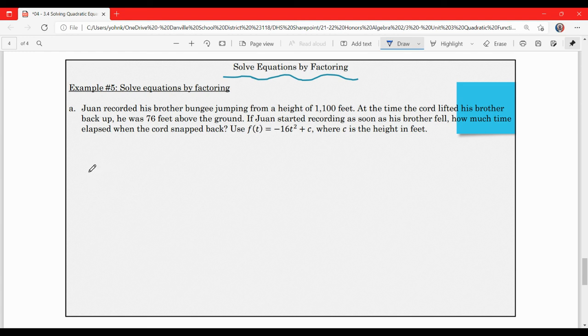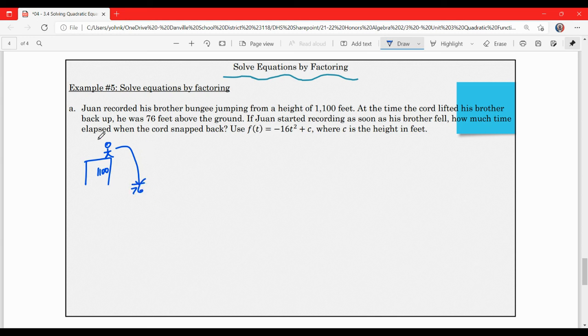Okay, so we have him bungee jumping. Here he is jumping off. Very good. And when he bungee jumps, he starts 1,100 feet up, but when it snaps back, he is 76 feet up.